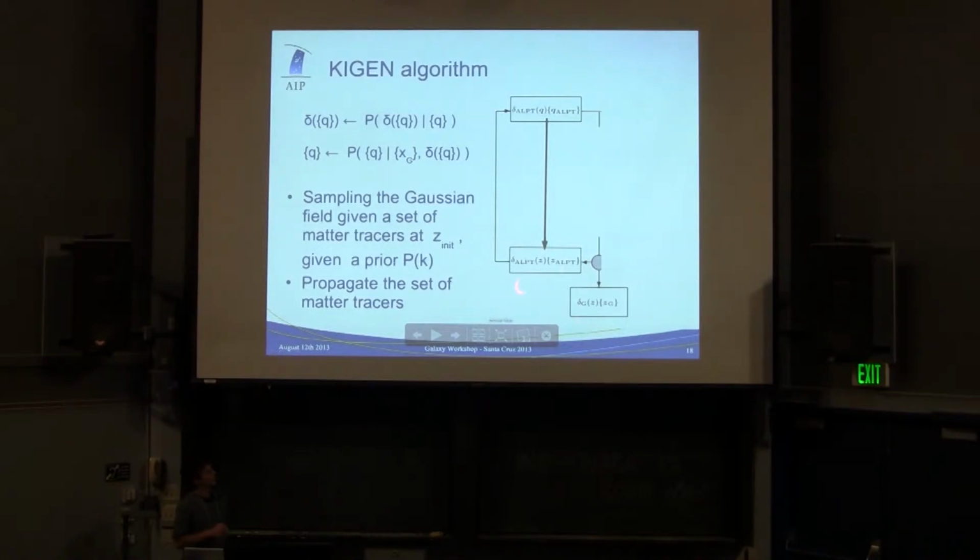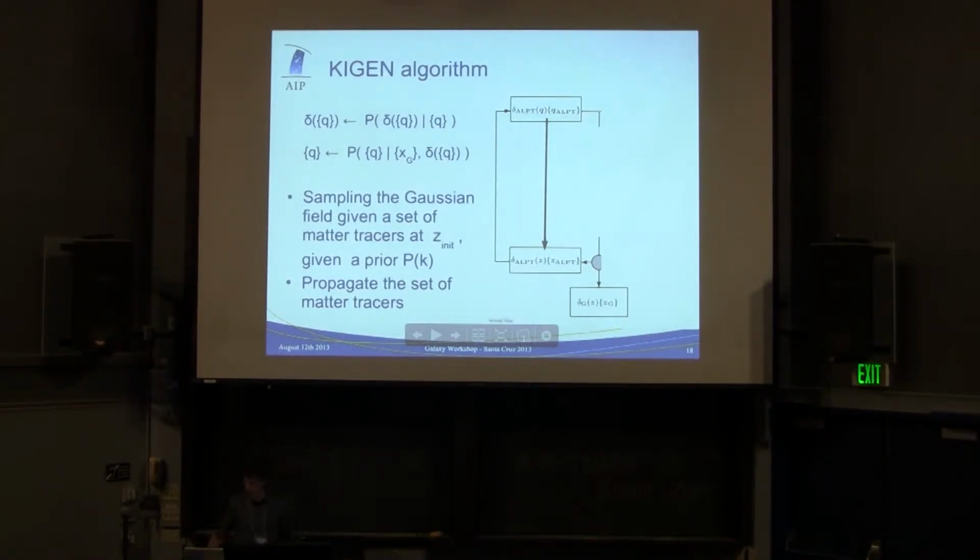So you compare your meta tracer field with that one, and you only keep those meta tracers that you can actually associate to galaxies. The other ones you throw away. And since you know the positions of the meta tracers at initial conditions, you can use those that you kept to, by Hamiltonian sampling, sample a new density field and a new overdensity field, then you can go forward again.